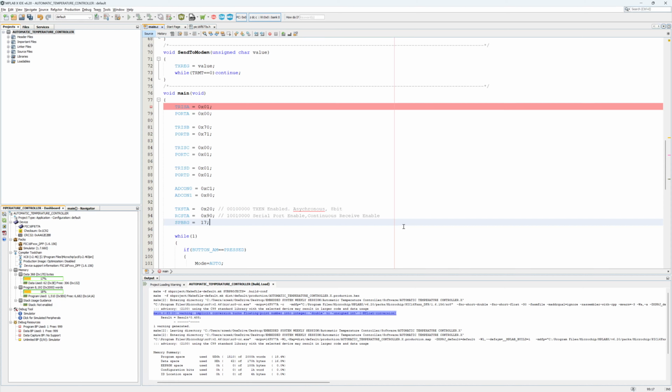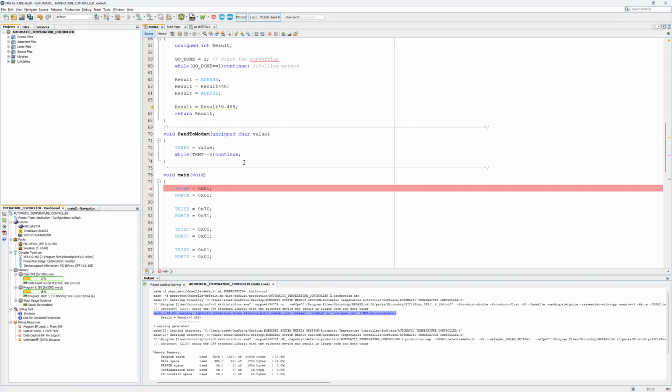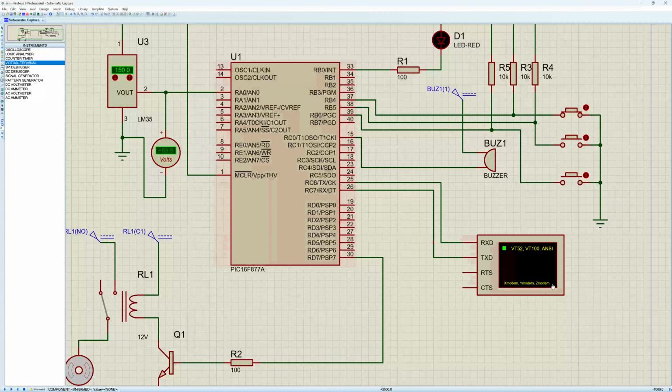Now it is our duty to send a value. I am going to write a function, already written over here: send it to modem. Send it to modem means anything, modem or PC. For your understanding, I will modify this to PC. Just think of this as a PC.